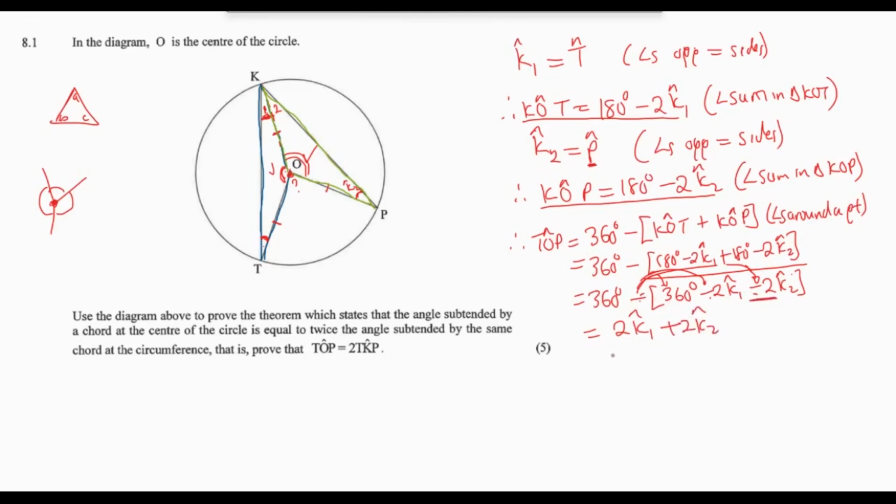Okay, and now we can see that angle TOP is equal to 2 times angle K1 plus angle K2, if we factor out 2. Meaning that angle TOP is actually equal to 2 times angle TKP, because TKP is angle K1 plus angle K2. So that's another way of doing it.